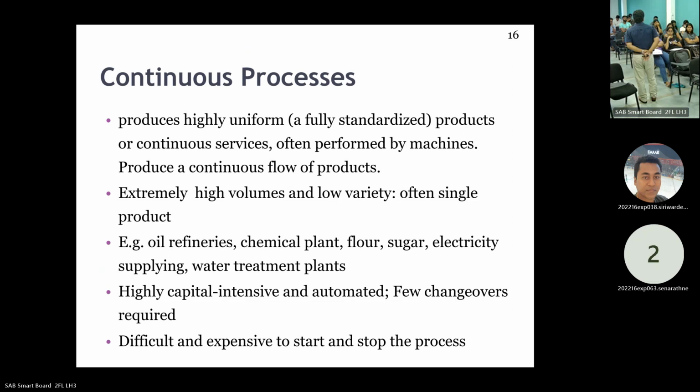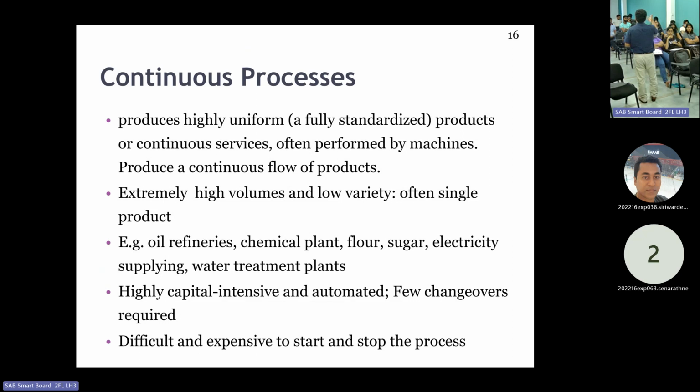Oil refining, like we have in Sri Lanka, the Sapugaskanda oil refinery, has to be operated continuously. One might ask, then we are producing different outputs, not only one product, but these are byproducts in the production process. The processes are operated aiming at one main product, and in the process they produce different byproducts.